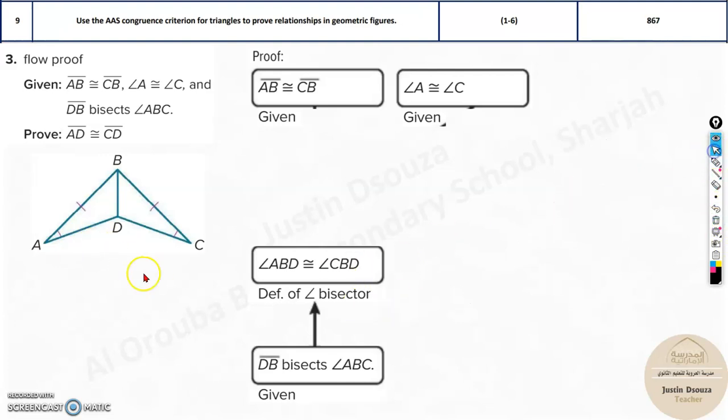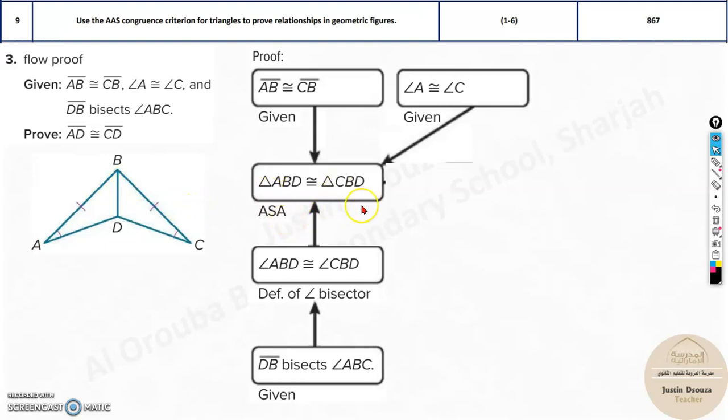Now we have angle, side, and this angle over here. So we can easily tell that because of the ASA postulate, the triangles are congruent. This is how we can easily solve it. One more thing: they have asked us to prove AD is congruent to DC.